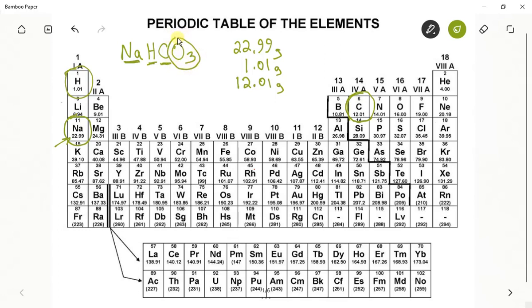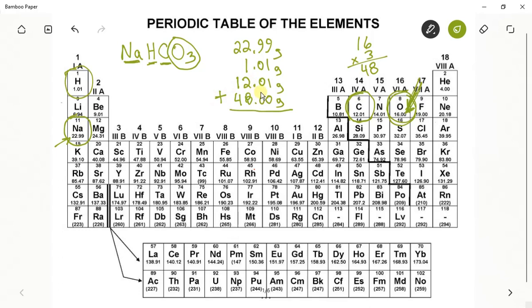But now we have 3 oxygens. Oxygen is over here by carbon, and oxygen weighs 16 grams in 1 mole of 1 oxygen. But we have 3 oxygens, so we have to take that 16 times the 3 oxygens that we have, and that is 48 grams. And now we just need to add them all up.